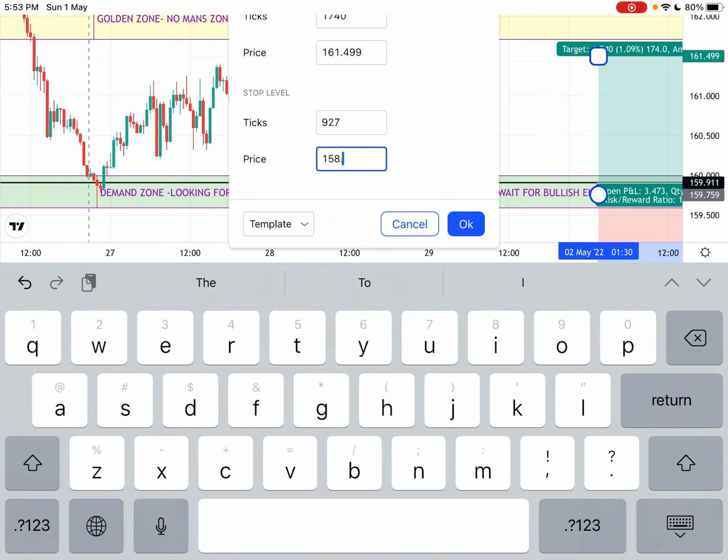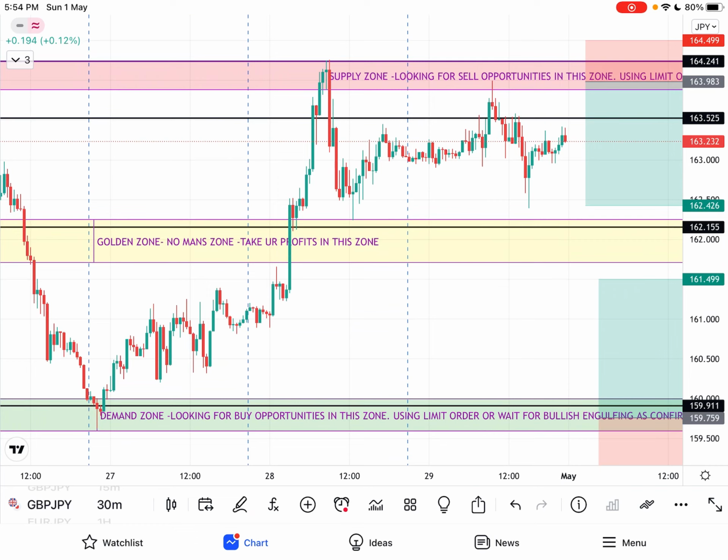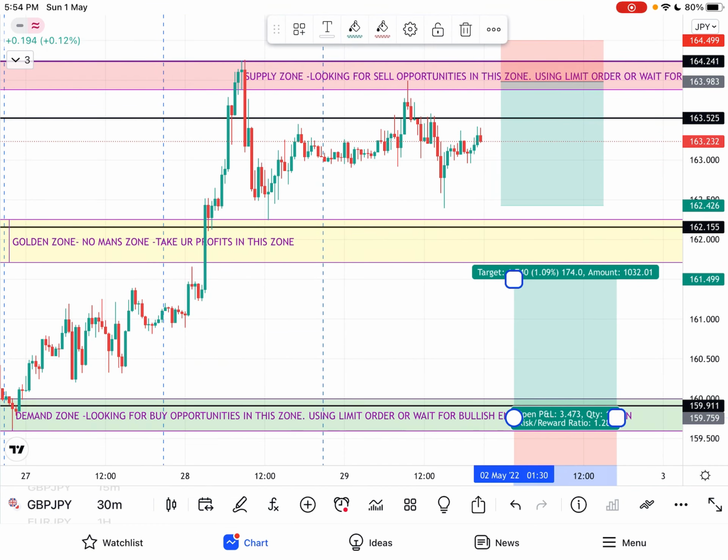And then our stop loss. And that's how our buy trade is also looking.